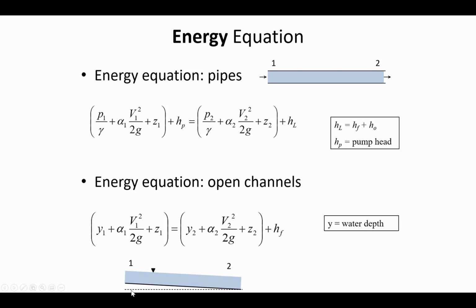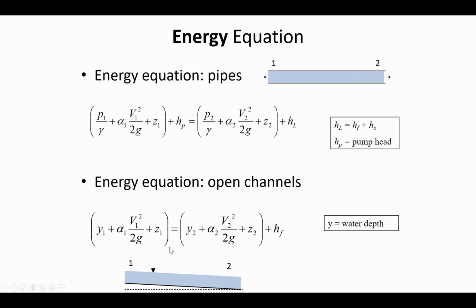So here the dashed line is our elevation datum, and so Z1 would be the elevation of the bottom of the channel above the datum, and then Y1 takes us from the bottom of the channel up to the water surface, and then V1 squared divided by 2g is how we could calculate the height of the energy grade line.